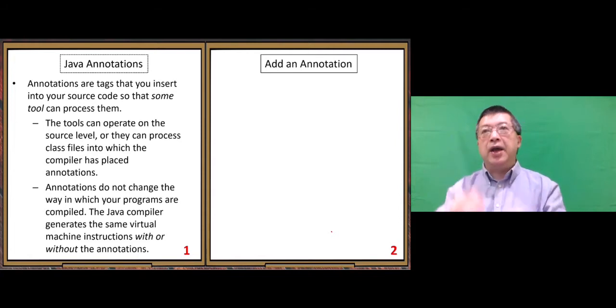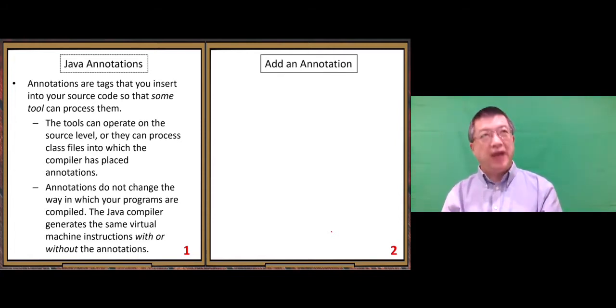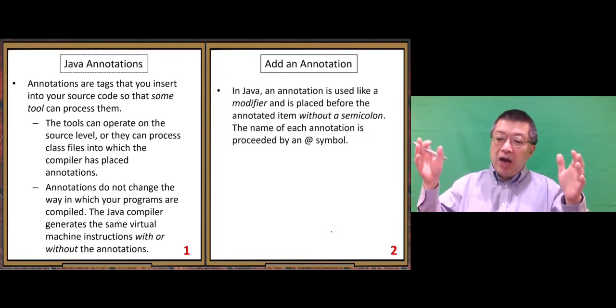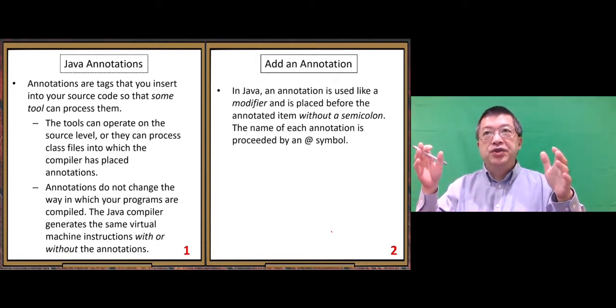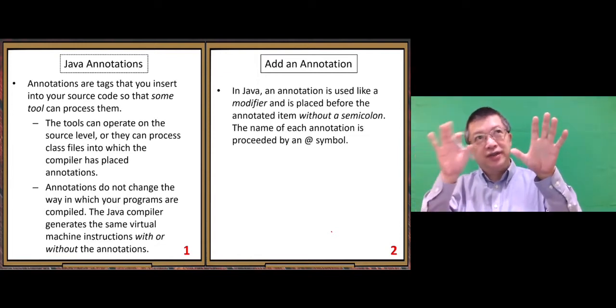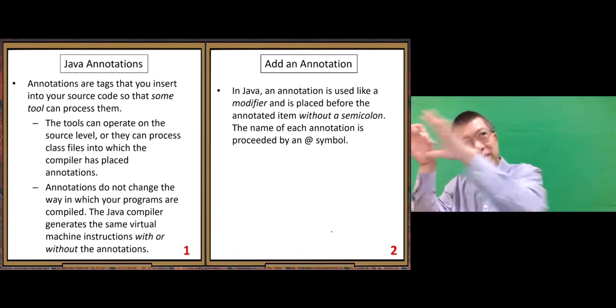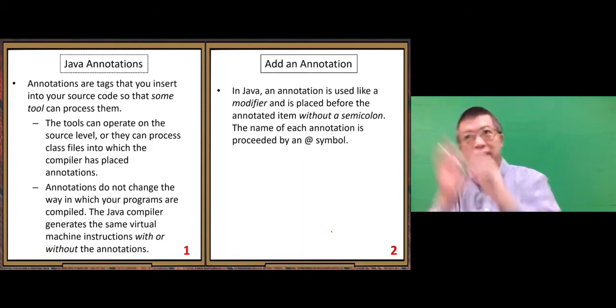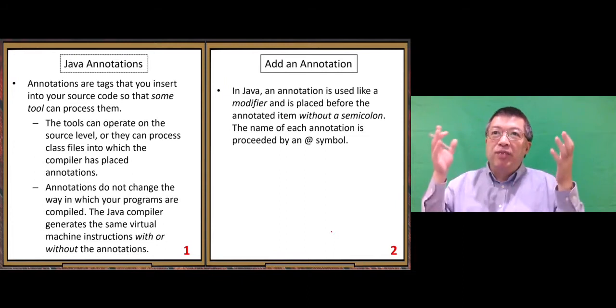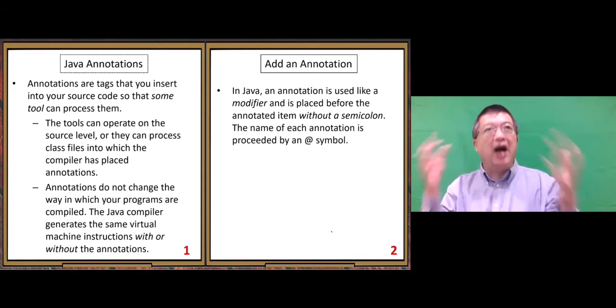Next, adding an annotation. That's easy. We have seen it. In Java, an annotation is used like a modifier. So you apply it on something, you modify something. And it is placed before the annotated item.